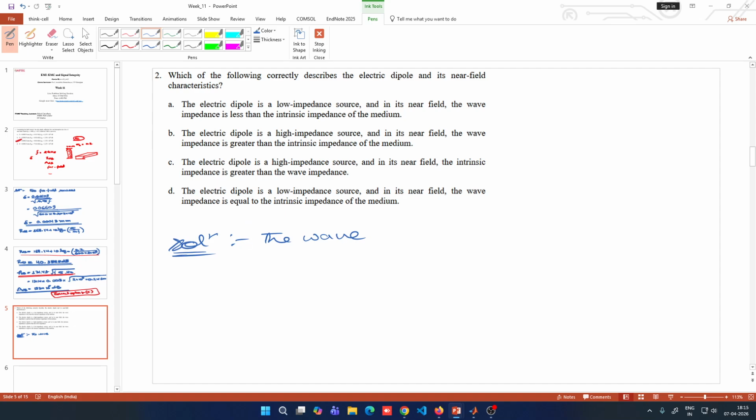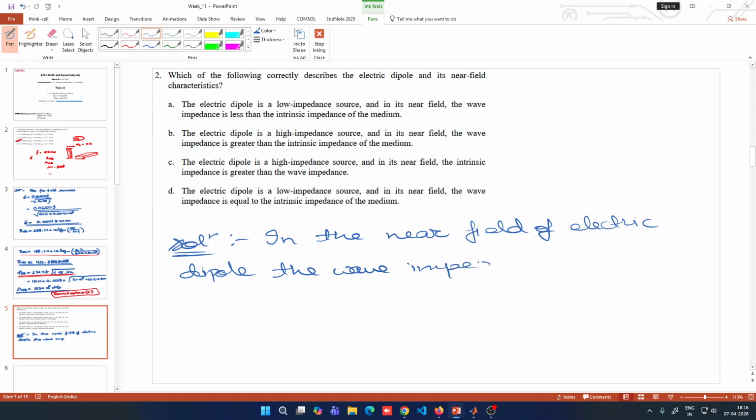In the near field of electric dipole, the wave impedance, eta not for free space is 377 ohms, but for this eta hat or eta tilde is the near field wave impedance.